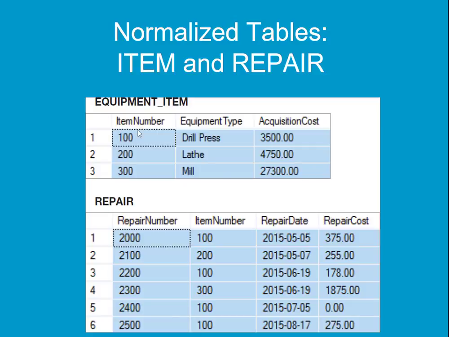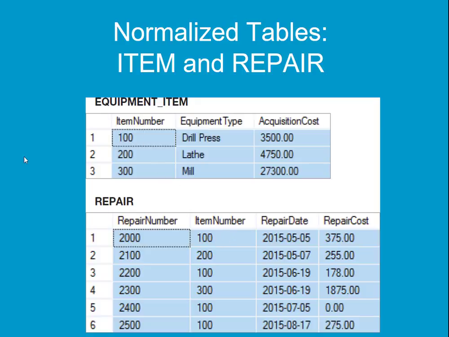And then you can see if we had an item number of 100, well, we can see that here as a foreign key in the repair table, yeah, that can be referenced multiple times, but it's tied to individual repairs on that item. So if we were to do this in our previous table, we would have multiple lines of the same data. We would see that we have repair date listed multiple times for this item, or we'd have this item listed multiple times.